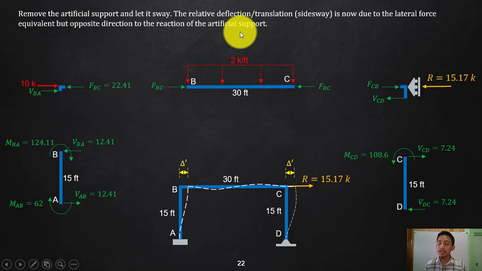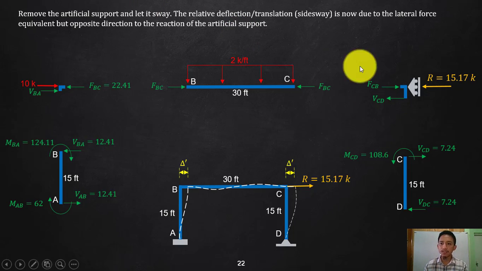So how do we analyze this Sidesway? We compute the equivalent force of that and apply it on the structure, so that the Sidesway is now separated, and that is the same as the effect of the force that we apply. We call that one the equivalent force, equivalent to the effect of the Sidesway.